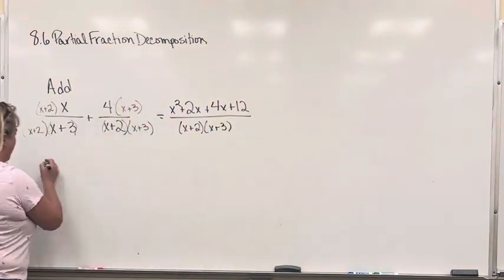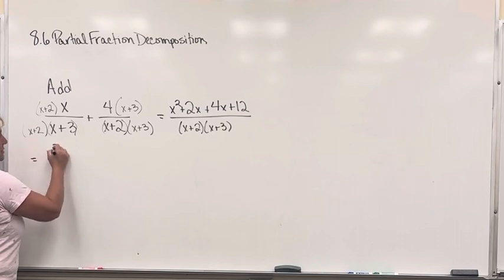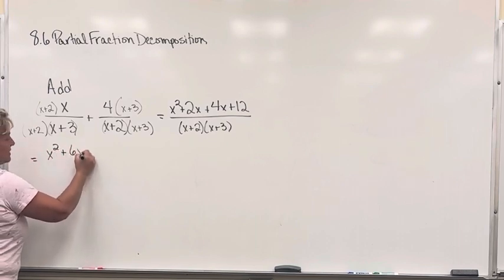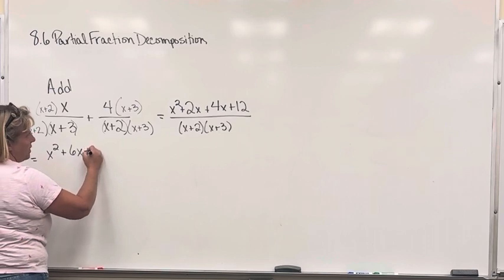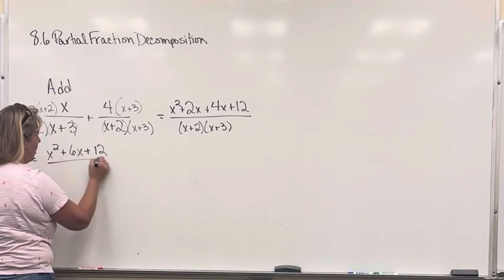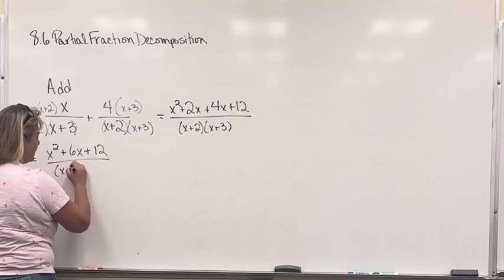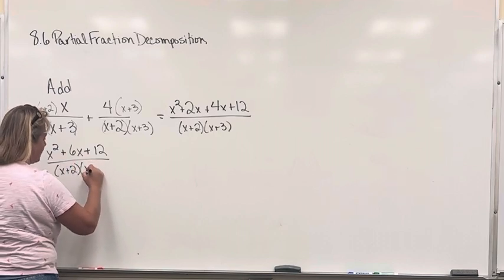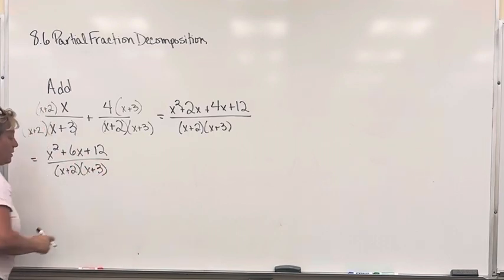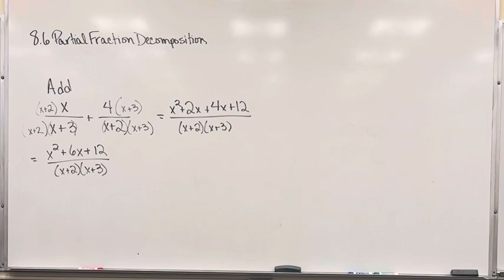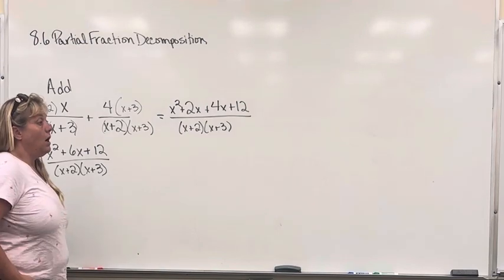Then simplify the top, and we end up with x squared plus 6x plus 12 all over x plus 2 over x plus 3. All right, so remembering common denominators and stuff isn't such a big deal.